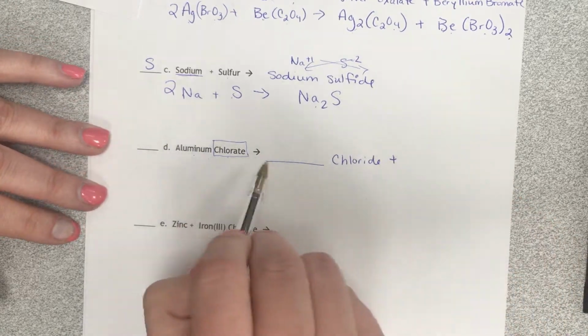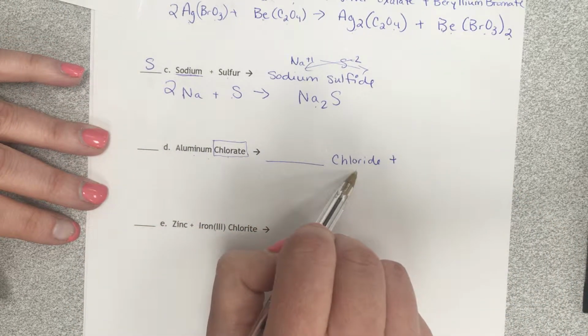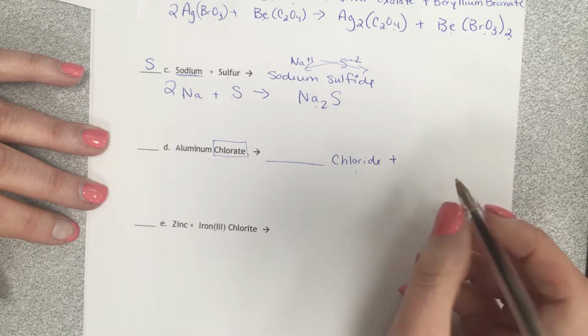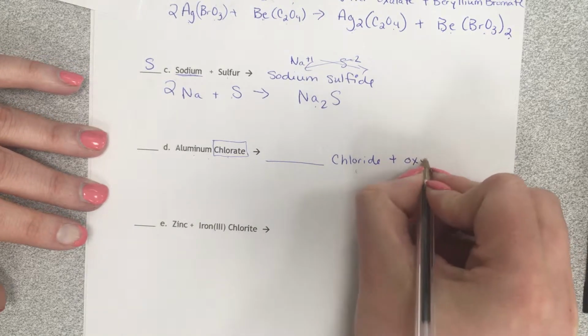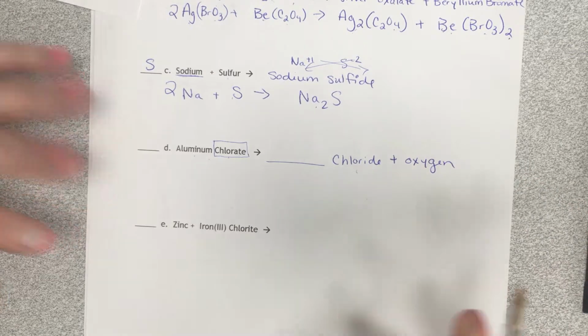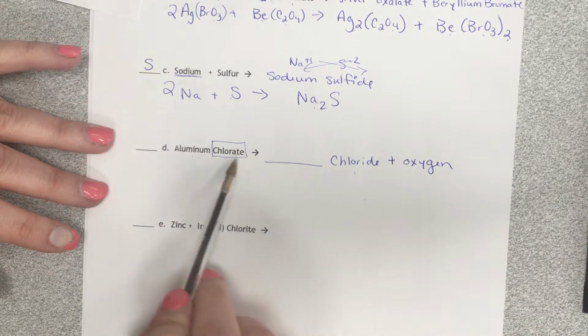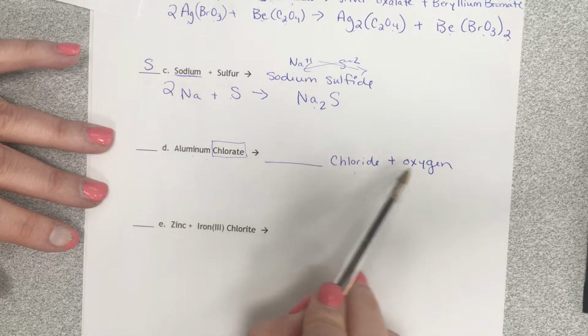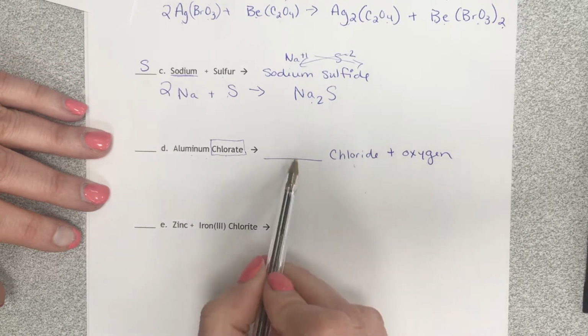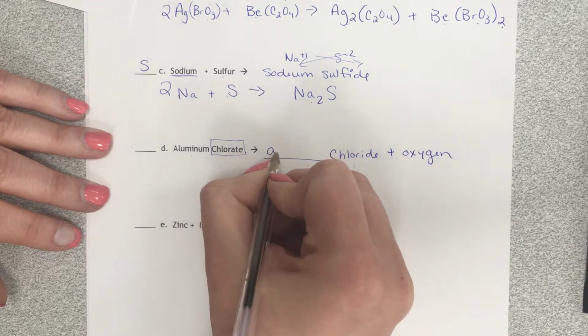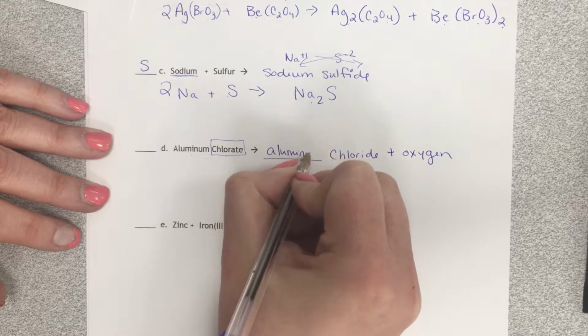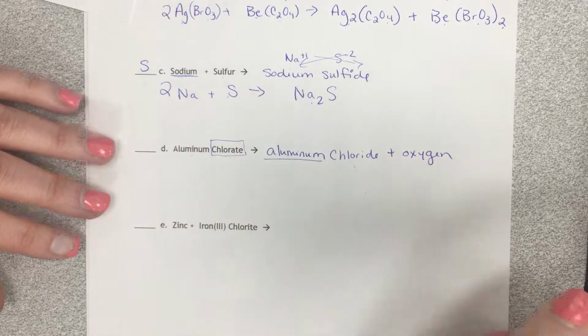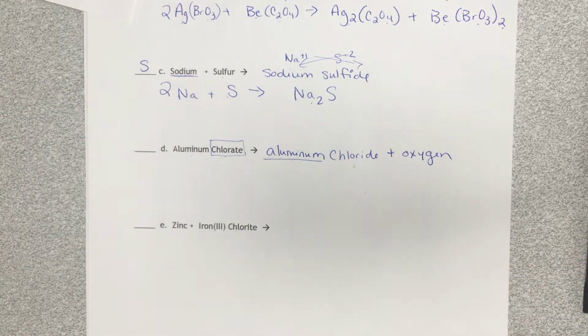So we have whatever that metal is, chloride, plus oxygen. Almost forgot. When you have a chlorate, it's whatever the metal is bonded with that chloride plus oxygen. This always stays the same. This will change depending on what this metal is. So just write aluminum. Okay, aluminum chloride plus oxygen.